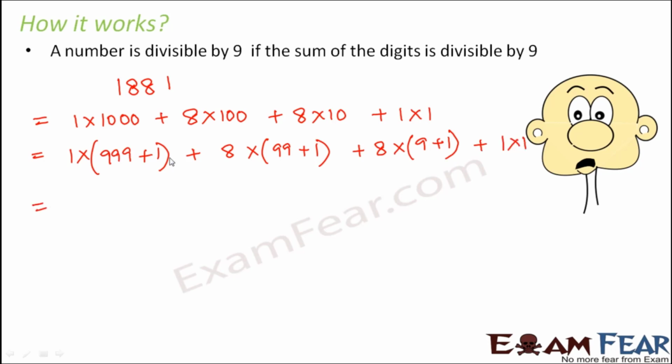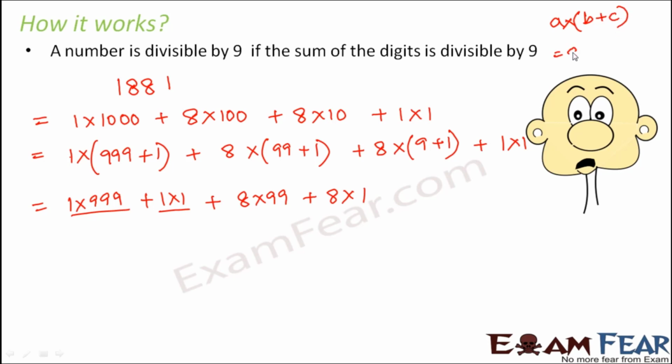Now when we write it like this, very clearly we can say that 9 is divisible by 9, 99 is also divisible by 9, and 999 is also divisible by 9. As per the distributive property, we are breaking down the terms, that is A into B plus C can be written as A into B plus A into C. That is what we are doing here.